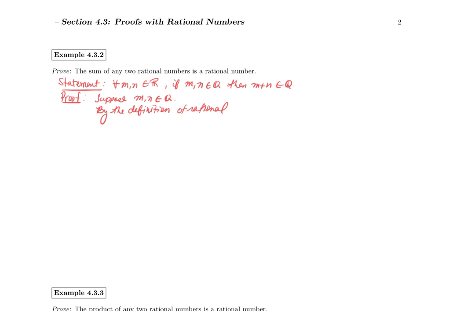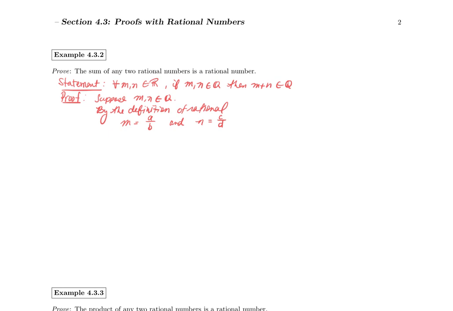So we're going to define them both at the same time. We're going to say let m be a over b, and we will let n, and remember we can't reuse the same variable, so we'll say n is c over d.